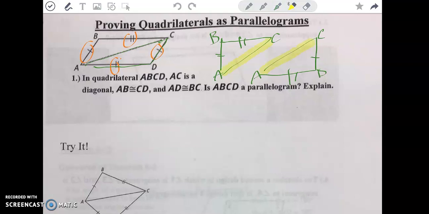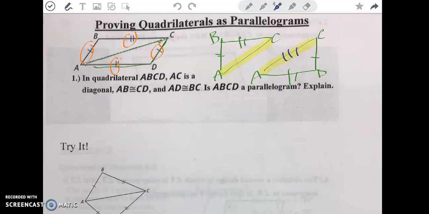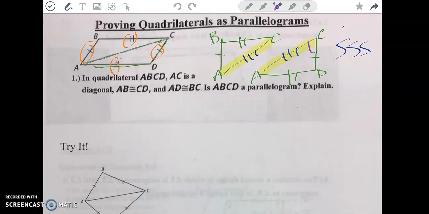Because they share that side, those are also going to be congruent. Now we have two triangles that are congruent based on side, side, side. Since the triangles are congruent, every part is congruent, so these two angles are going to be congruent.